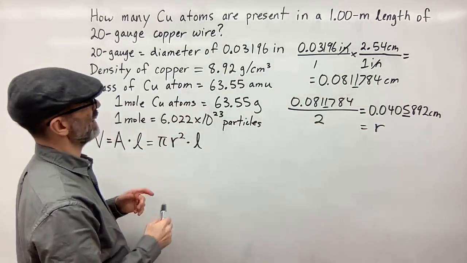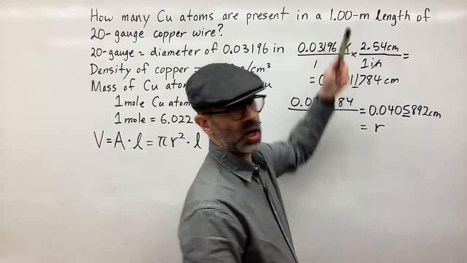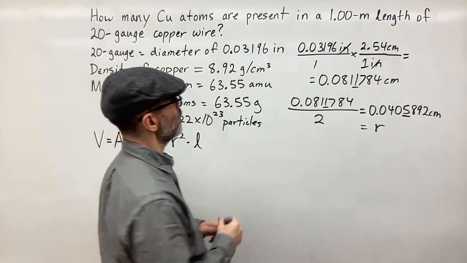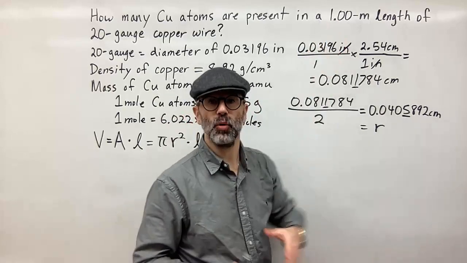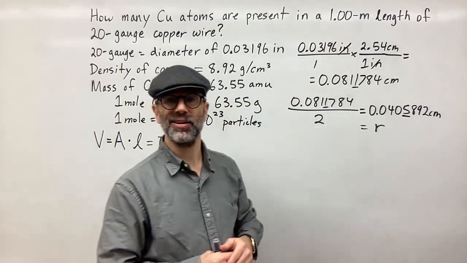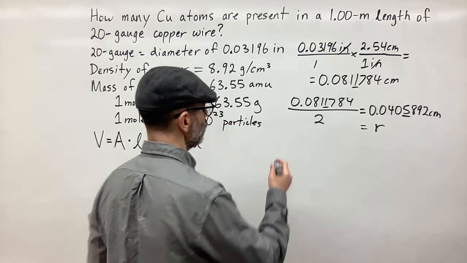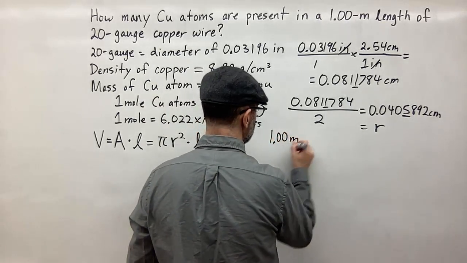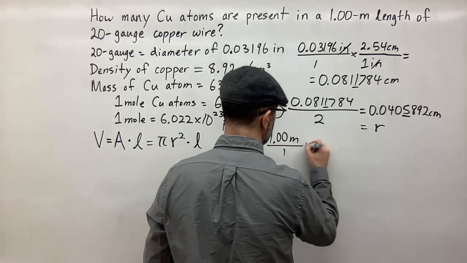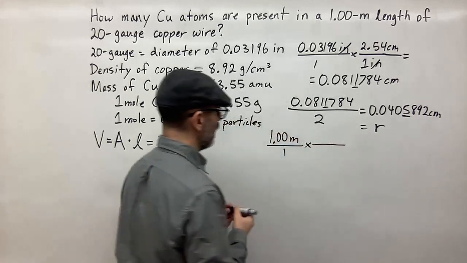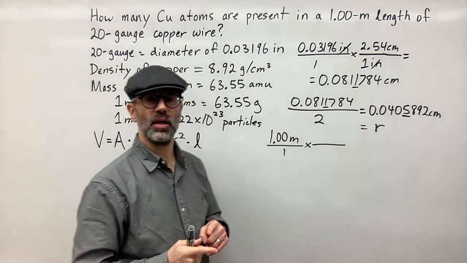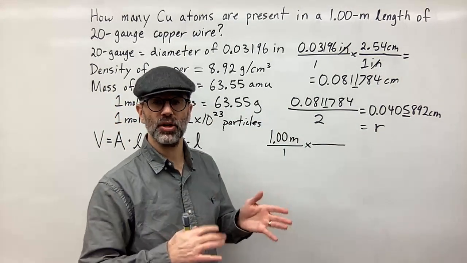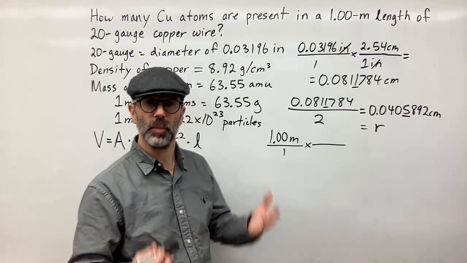Now the length is 1 meter. I need to convert that to centimeters as well. But 1.00 meter, 1 meter is equal to 100 centimeters, right? We could do the conversion factor. So 1.00 meters over 1, and I know that 1 meter is equal to 100 centimeters, or 1 centimeter is equal to 1/100th of a meter, right?